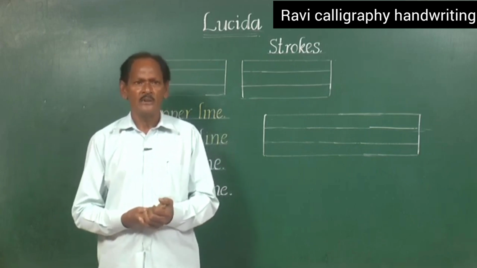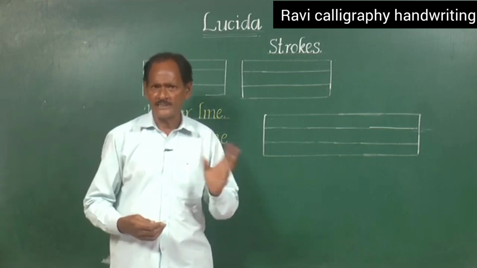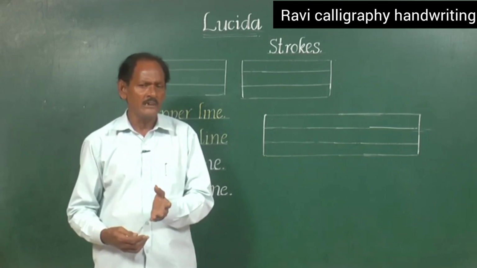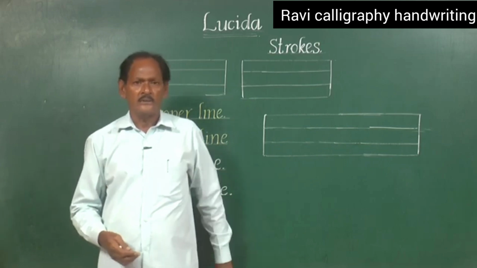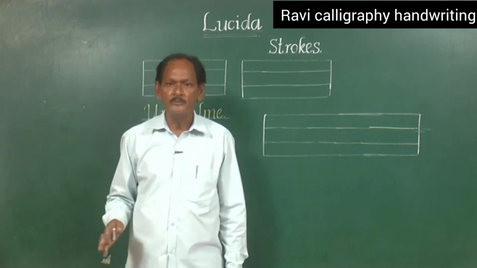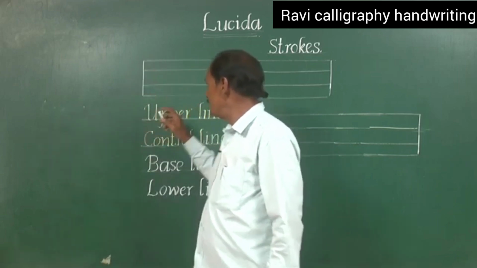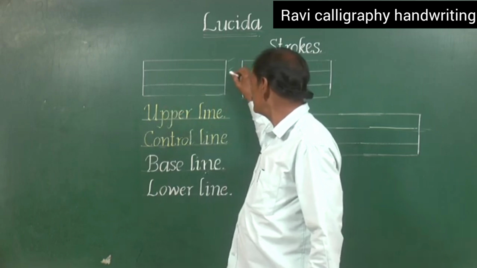Okay? Handwriting, any type of handwriting, either cursive or Lucida or split handwriting, whichever it may be, is generally written in 4 lines.